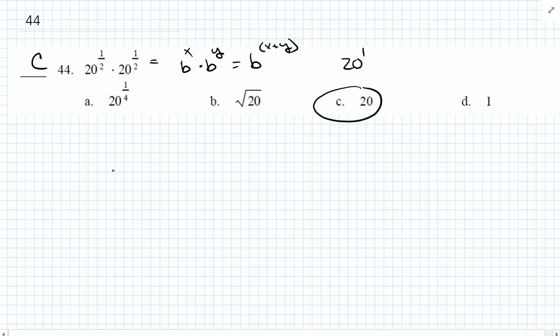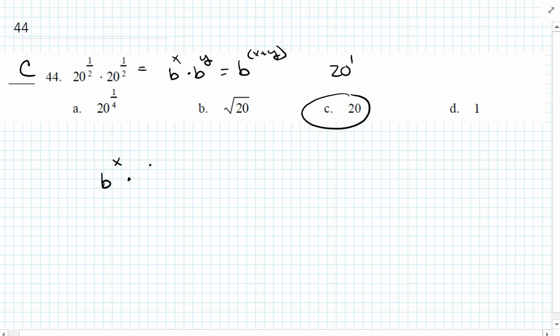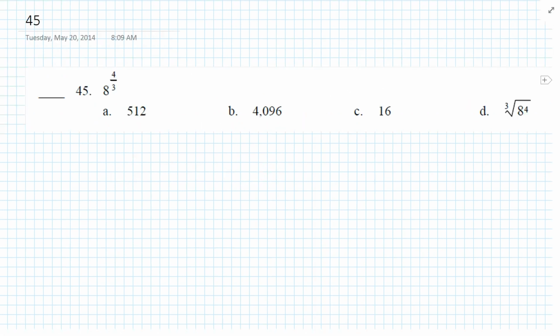The other rule says if the bases are different but the indexes are the same, it's the same thing as b times a to the x power. Okay, so either way, 44 is going to be C.